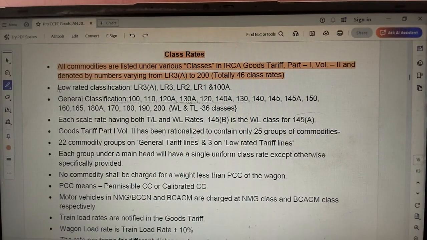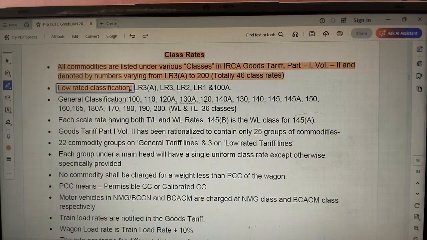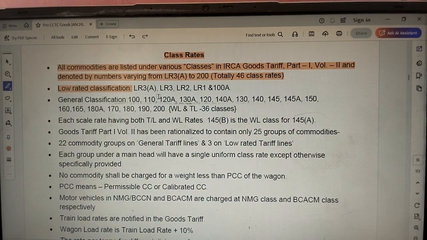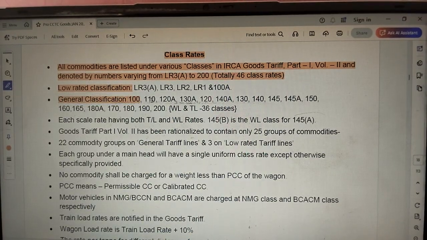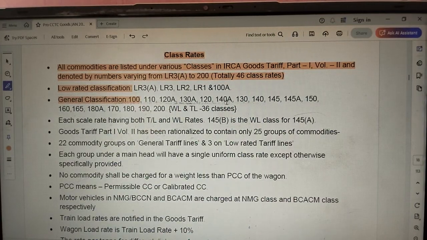Low rate classification: LR3A, LR3, LR2, LR1 or 100A. General classification: 100, 110, 120, 130A, 120, 140A, 130, 140, 145, 145A, 150, 160, 165, 180A, 170, 180, 190, 200.